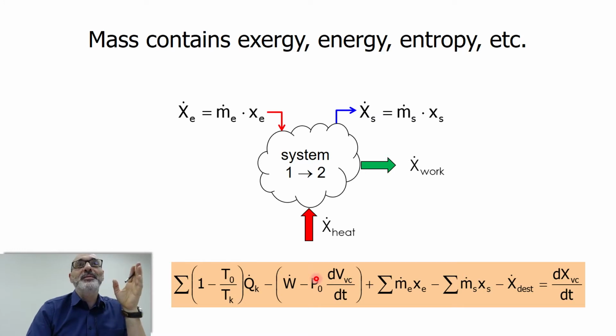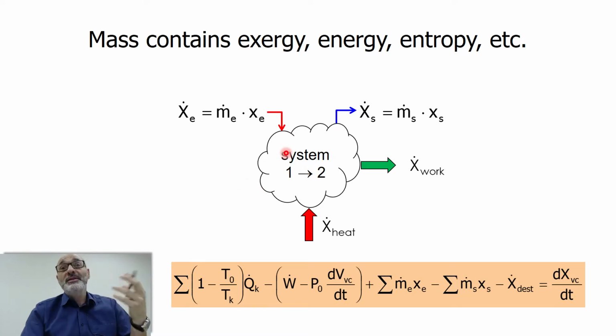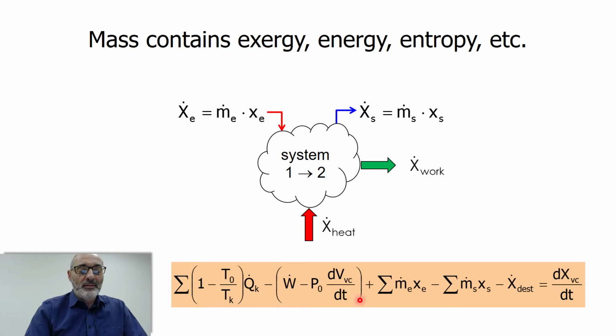In 99.99% of the cases, this term is zero, because we are in permanent regime, our system is not varying in time, but also because this surface is rigid, it's not deforming. So we're going to use this expression a lot in the next class.